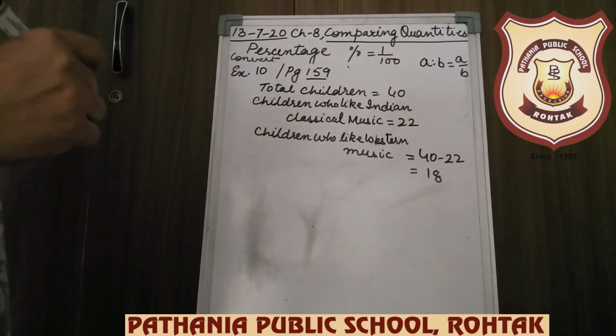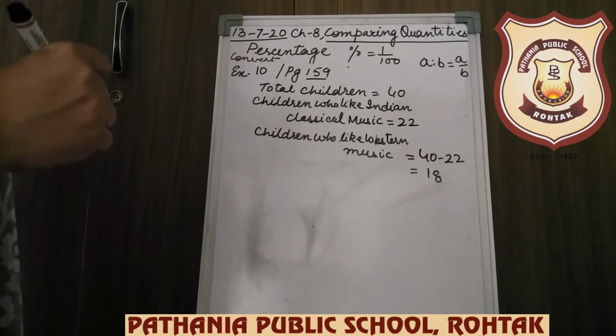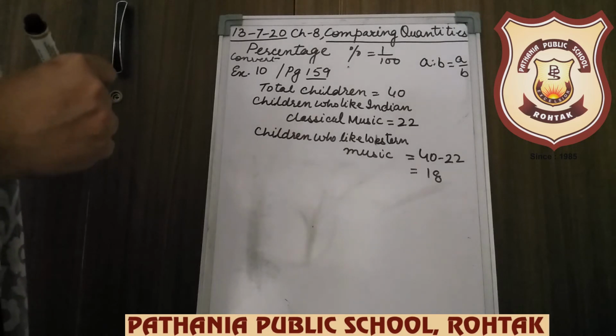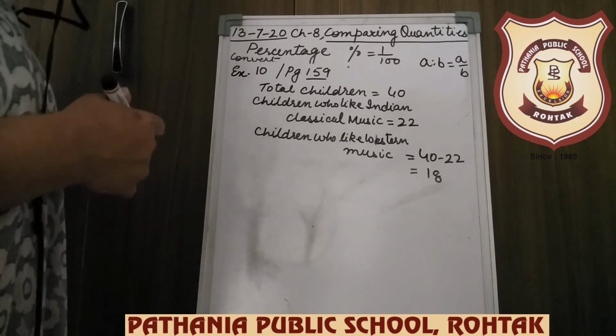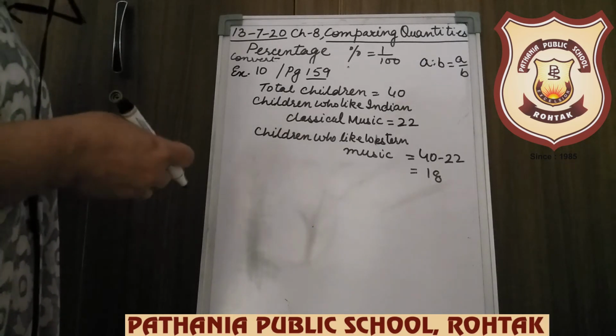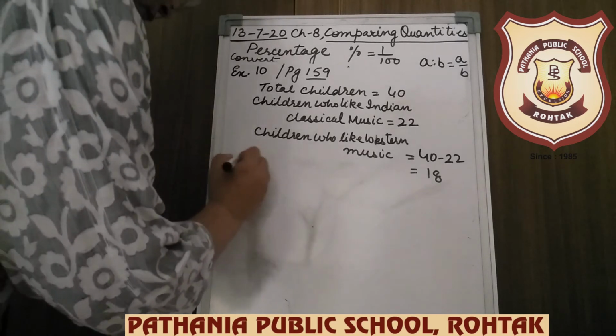So 18 children, they prefer Western music and 22 prefer classical music. Now you have to find the percentage of children who like Indian classical and who like Western music.